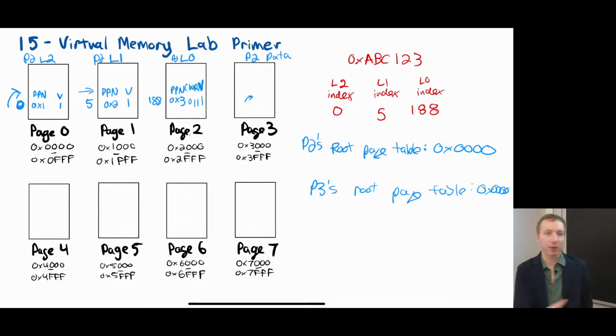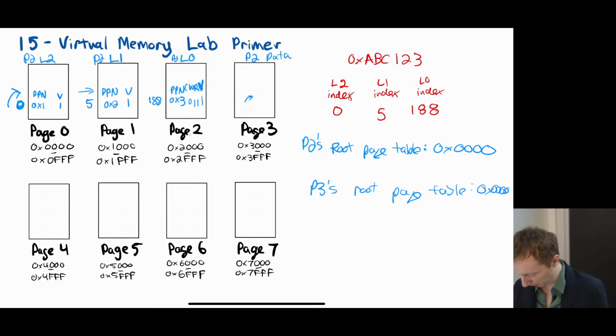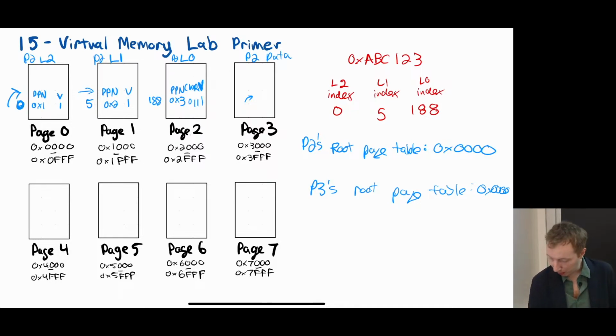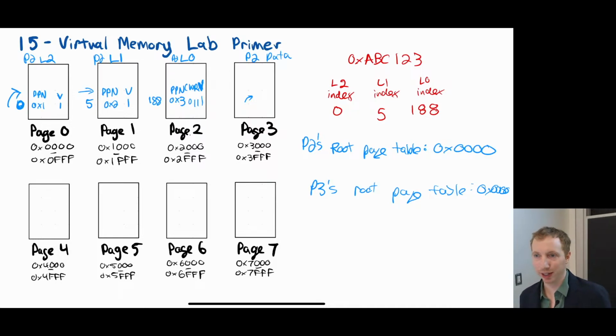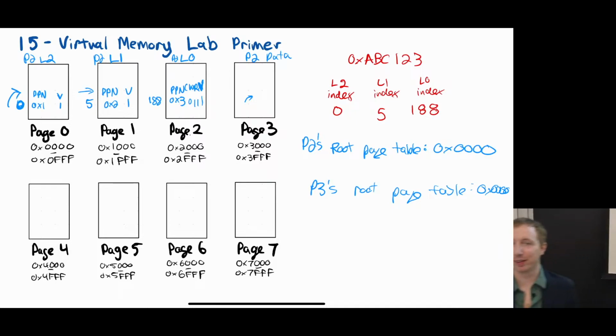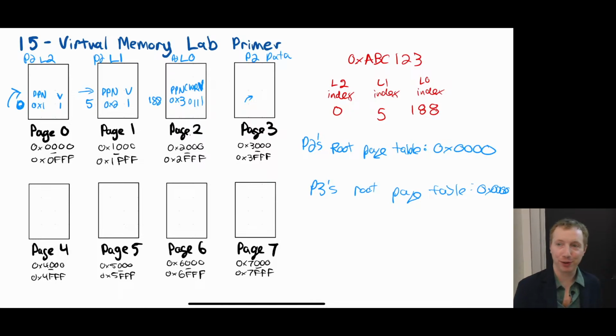So it would just do the exact same translation to get the new page. So what should process 3's page tables probably look like? Any guesses with this? Or a good first step I should do?